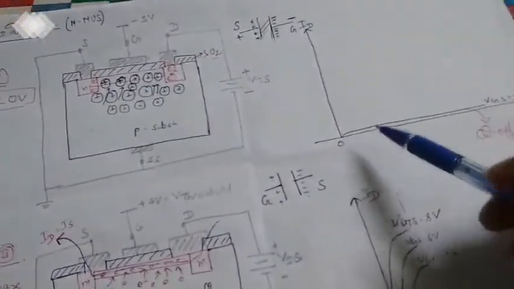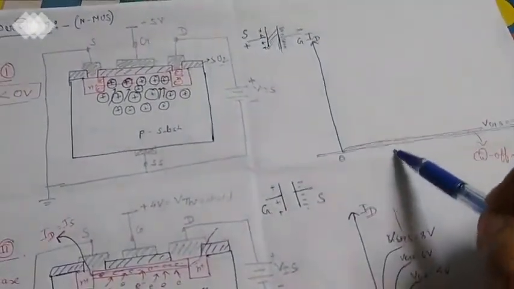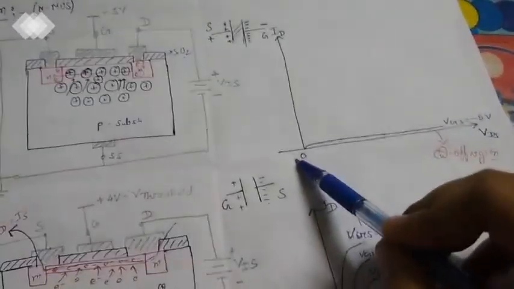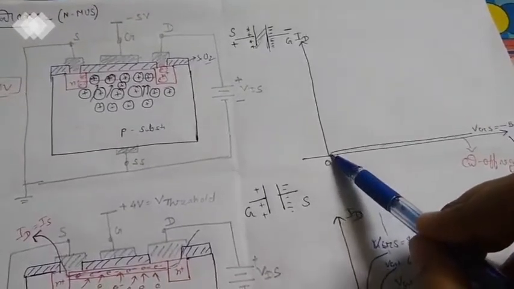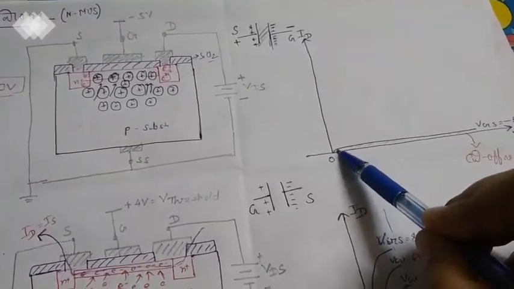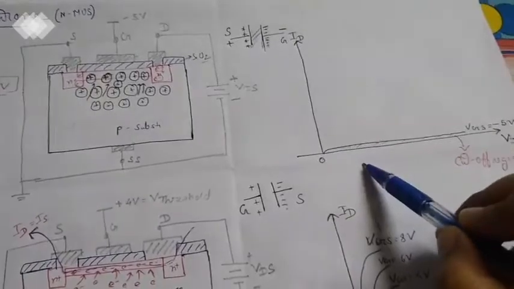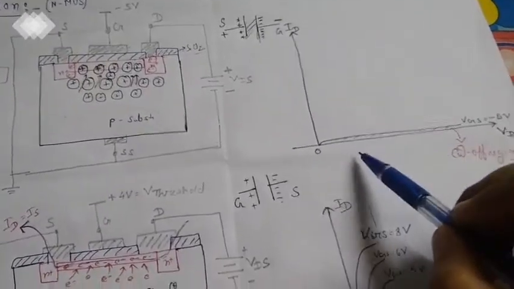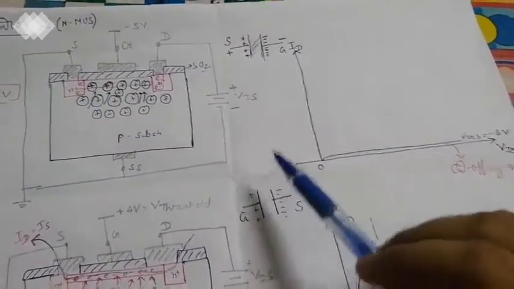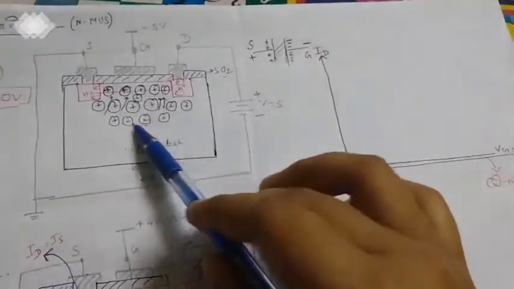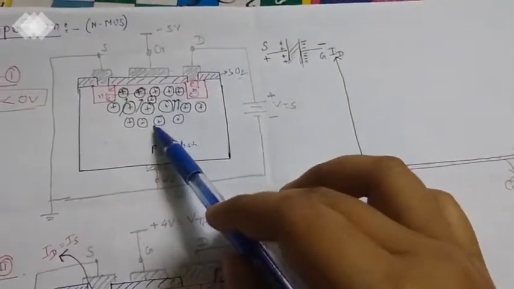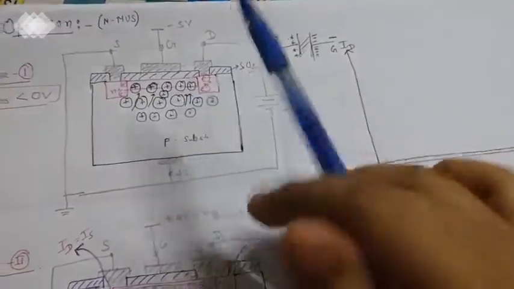Therefore, at VGS negative at minus 5 volt and VDS is 0, no current will flow, and the ID will be almost 0. But as we increase VDS, the ID will always remain 0, because however we increase VDS, this path will always remain non-conductive, so no current will pass from here to here.